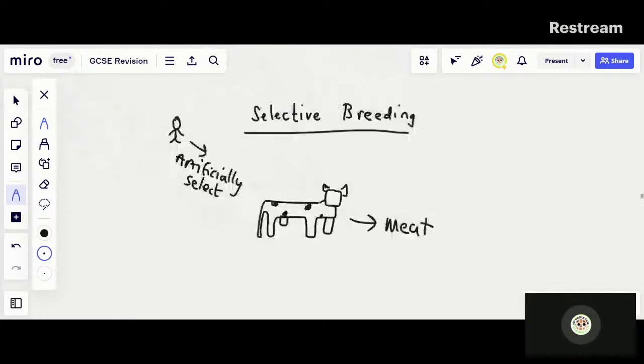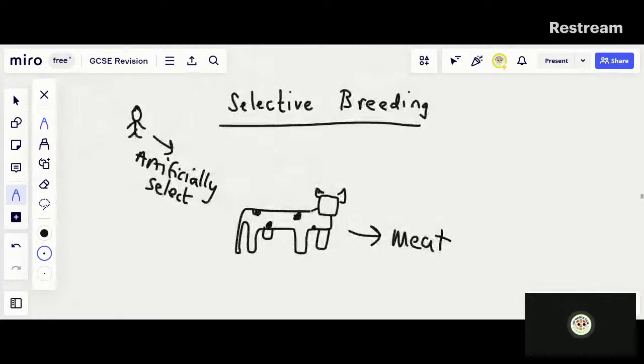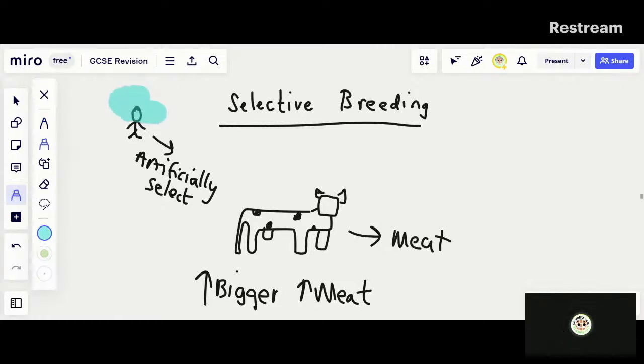And therefore, what would be an advantageous trait for cows to have? Well, an advantageous trait might be that they are bigger, because the bigger the cows are, the more meat you have, and the more meat you can eat. So the more you can profit from it. So humans might artificially select certain genes which would cause this cow to have more meat, for example, to have a higher body mass.